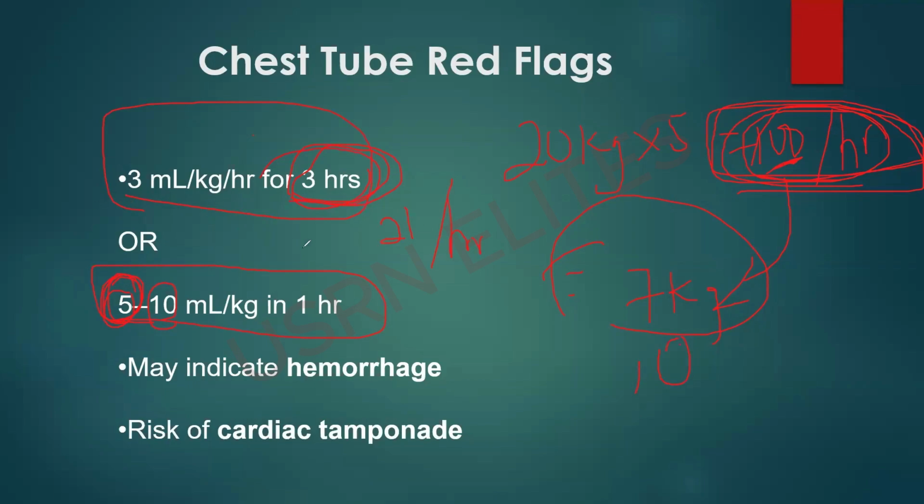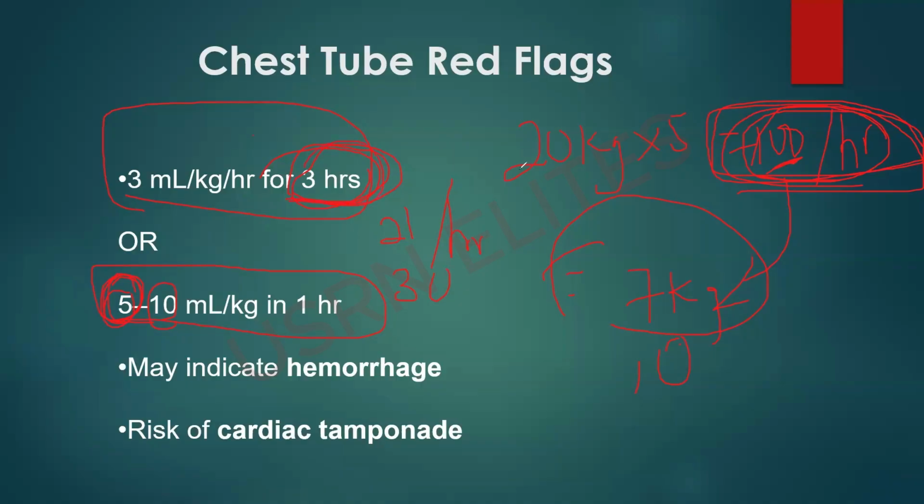If the child is 10 kg and has a chest tube, 3 times 10 is what? 30, right? So if the child is having 30 mils per hour for 3 hours, that is also a cause for concern.